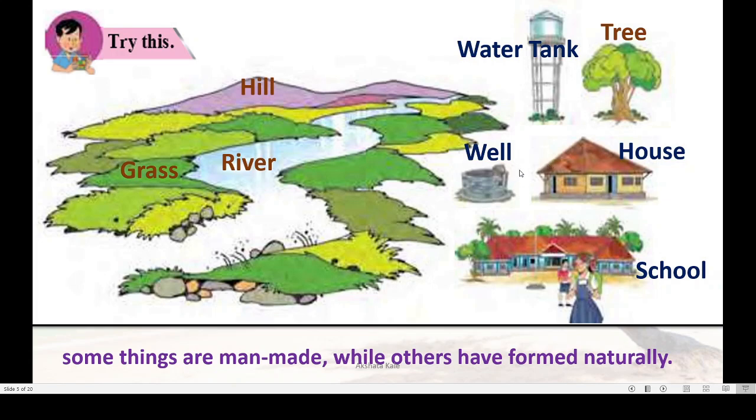Isn't it? Man uses natural resources to make the things. These are called man-made things. He uses natural things in his own way to make the new things.